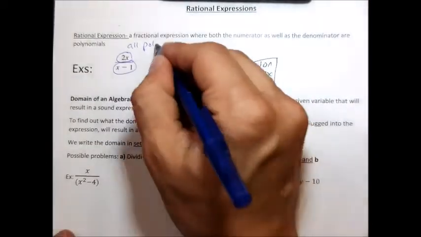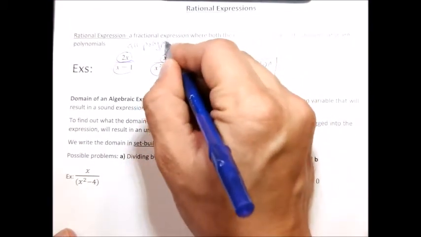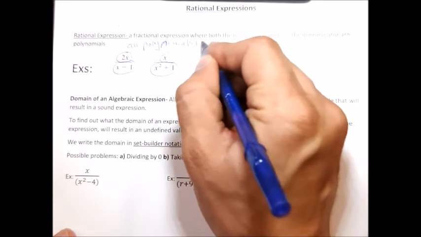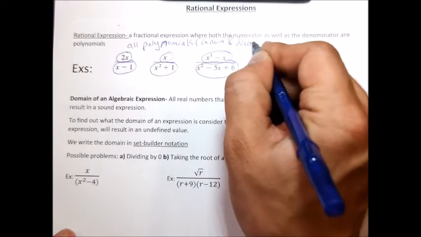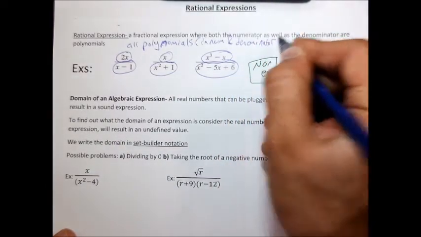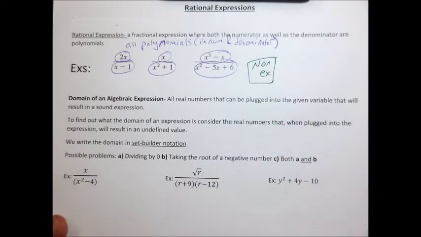And so what makes something a polynomial so we can write down a non-example? That was something from the last page. What are the key features of a polynomial? The exponents have to be positive integers?